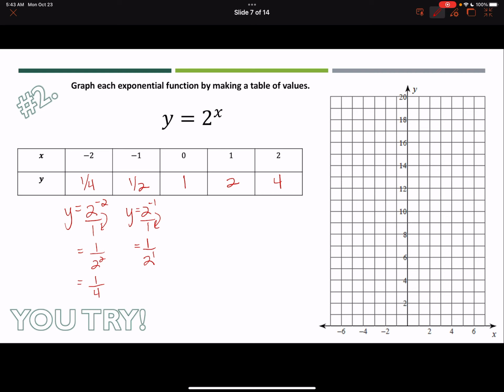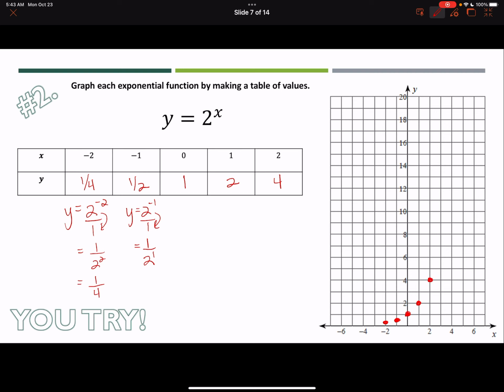And then when we plot these points, again, don't be afraid of the fractions. 1/4 is 0.25. So -2, 0.25. -1, 1/2. I can't find these exactly. I'm just trying to get as close as possible. 0, 1, 1, 2, and 2, 4.